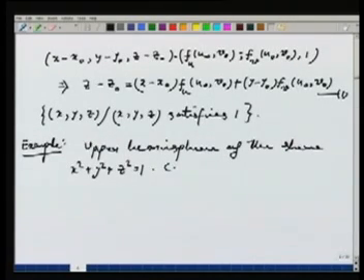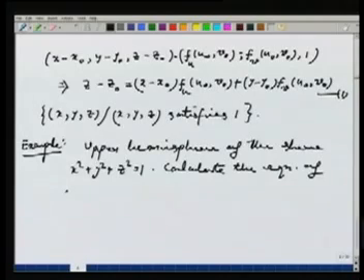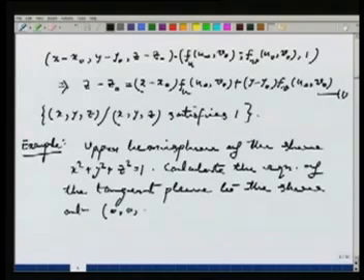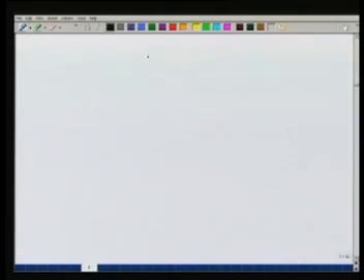So I want to calculate the equation of the tangent plane to the sphere at the point 0, 0, 1. Before applying the formula, let us see what it means.